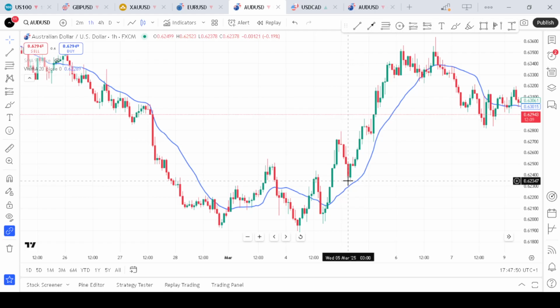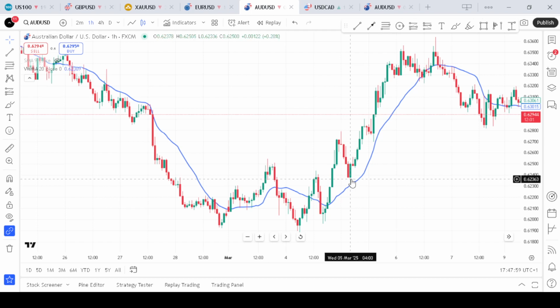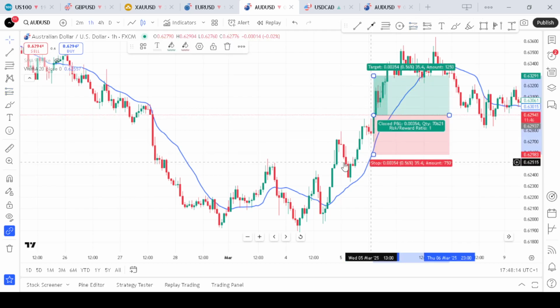Then when price gets to that area, you look for a bullish engulfing pattern near the VWMA that can signal buyers are ready to step into the market to push price higher. So at this area, we see an engulfing candle, and this would have been a perfect position for you to enter your buy trade. This is where you want to enter the trade.